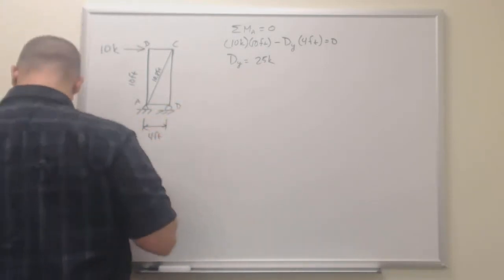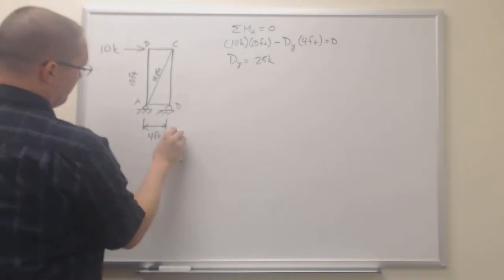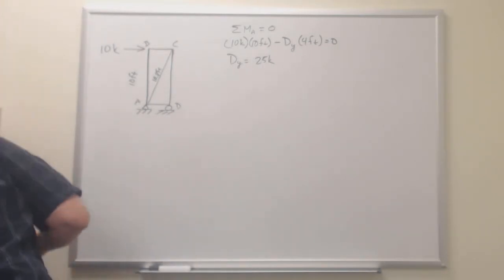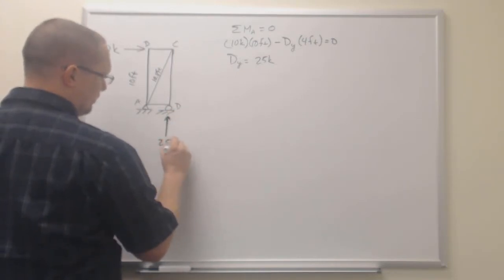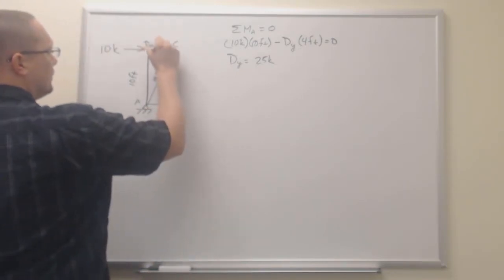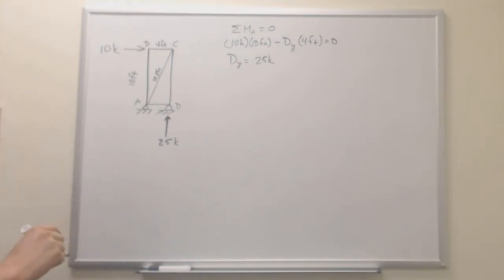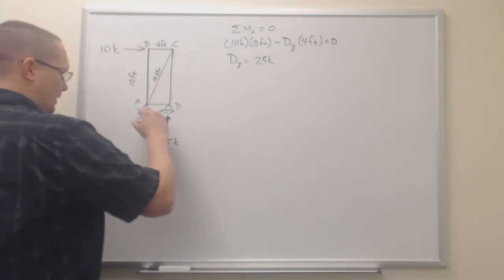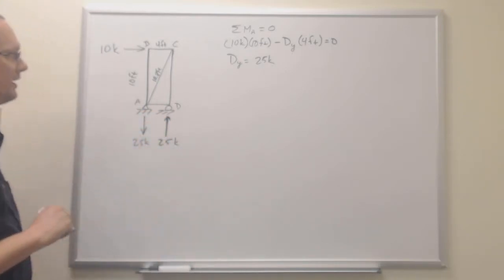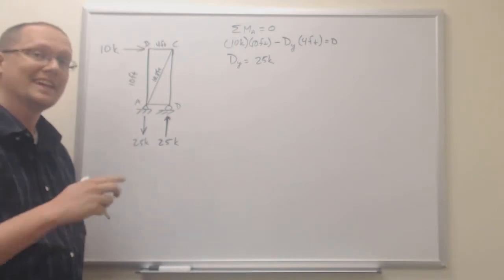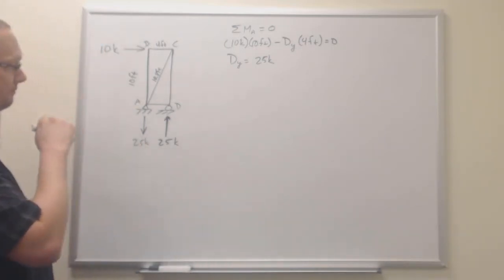So let me erase this 4 foot here so I don't get our drawing too busy. 25 kips. Okay, and I have a 4 foot width there. Similarly, our reaction at A is also going to be 25 kips in the downward direction because the sum of all of our forces in the y direction is equal to 0.